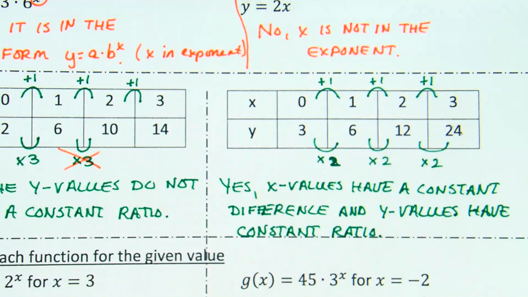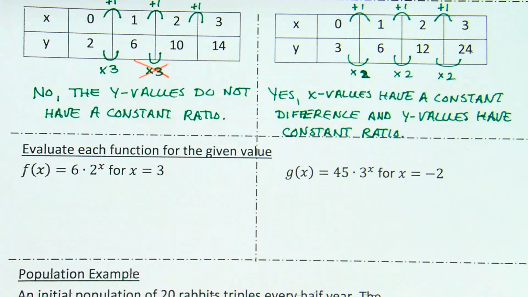Okay. Evaluate each function for the given value. Any clue what we mean by evaluate? Kind of, yeah. When we evaluate, we want to know a solution. What does it equal? In this case, it says f of x equals 6 times 2 to the x for x equals 3.